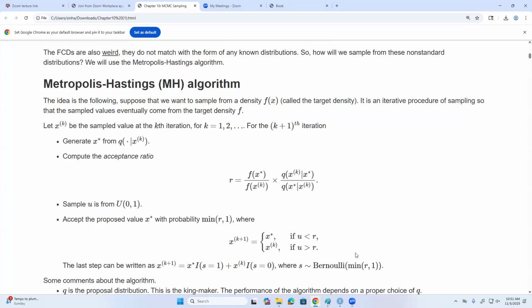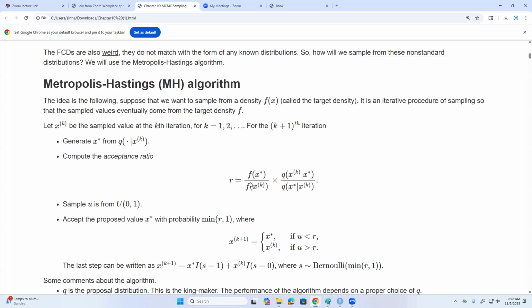Now you may wonder that this is the algorithm where sampling is done from Q, not directly from F, but we are still using F in the acceptance ratio calculation, right?